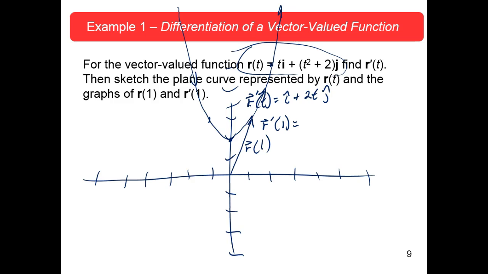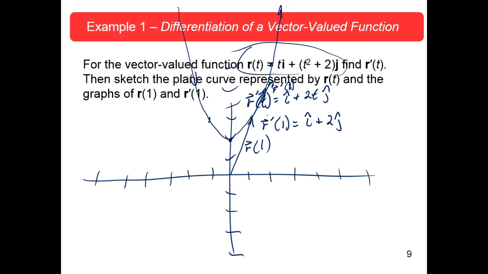R prime of 1 would be i plus, put a 1 in for t, 2j. So i plus 2j, that would be right 1 and up 2. Be right about there. And sure enough, that would be your r prime of 1. And that looks like it would be tangent to the curve. There you have it.